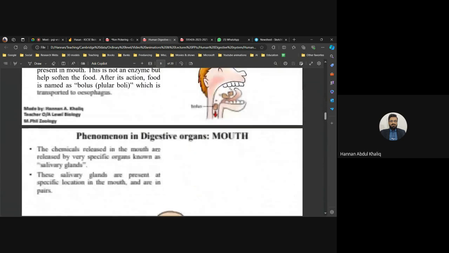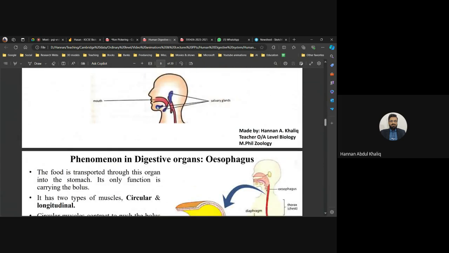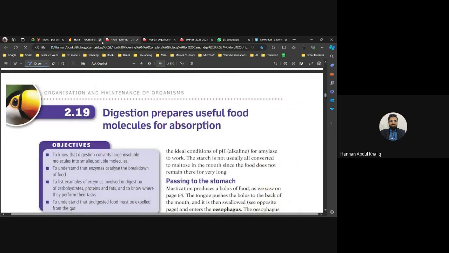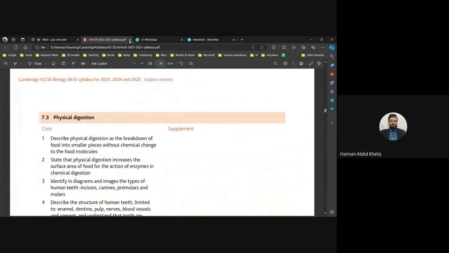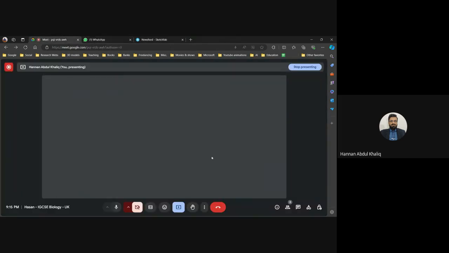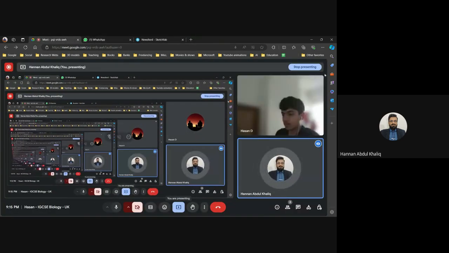They are present in the lower jaw, and then sublingual are those which are present beneath the tongue. So there is the collection of the glands that we have in our mouth, the salivary glands. Understood? Yep. Any problem? No, no problems.